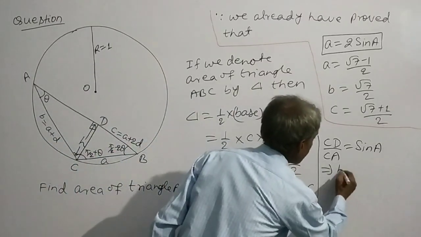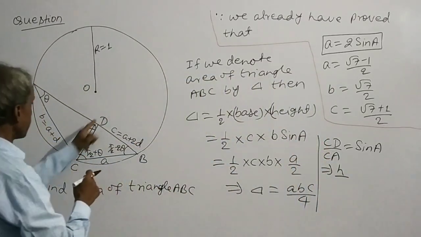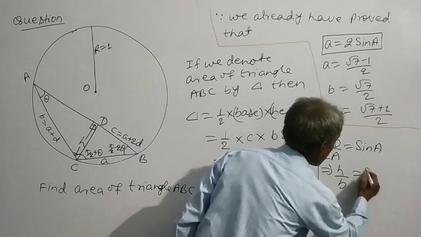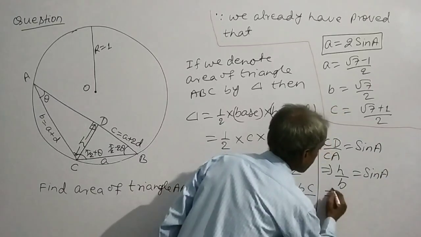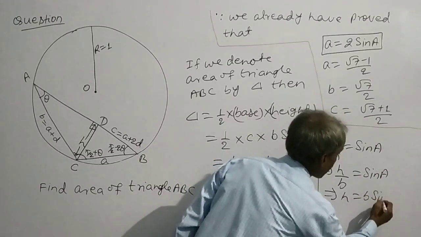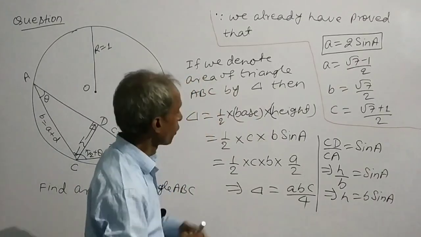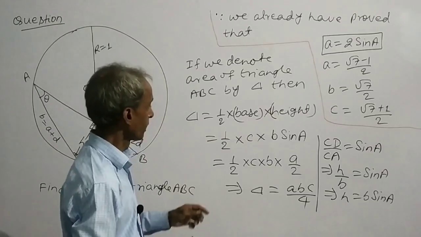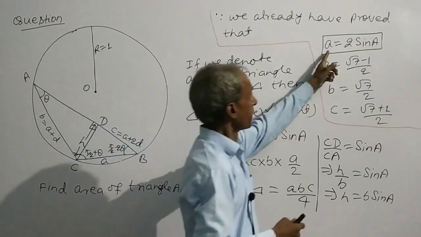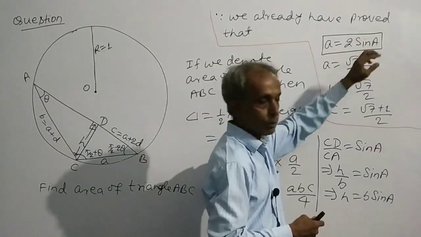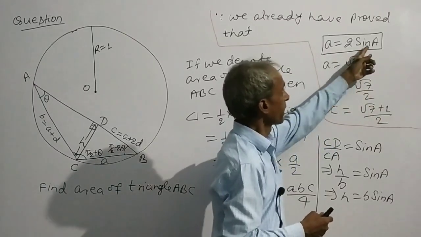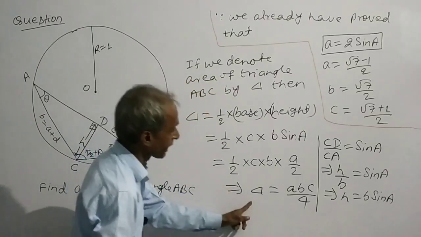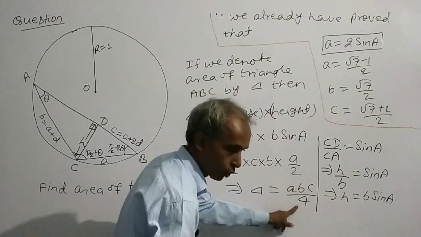This implies h by b is equal to sin A, since CD is h and CA is b. This implies h is equal to b sin A. Therefore, in place of height, we can write b sin A. But a is equal to 2 sin A, as we already have proved. That means sin A will be equal to a by 2. That means delta is equal to abc by 4.